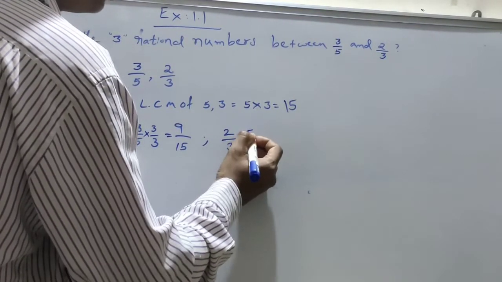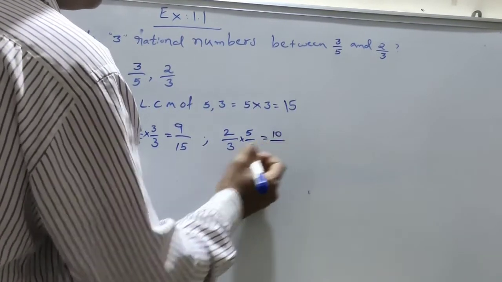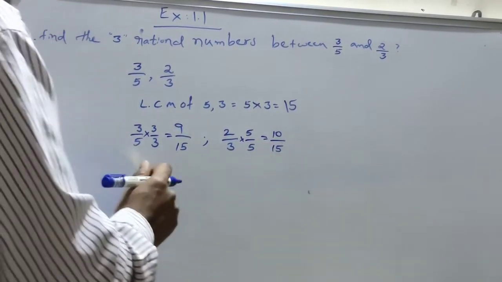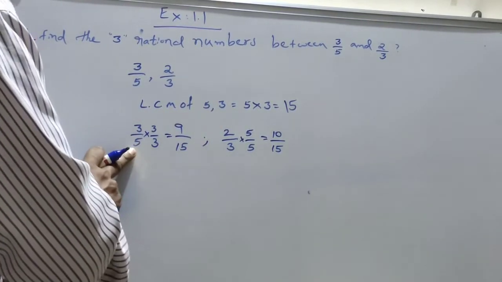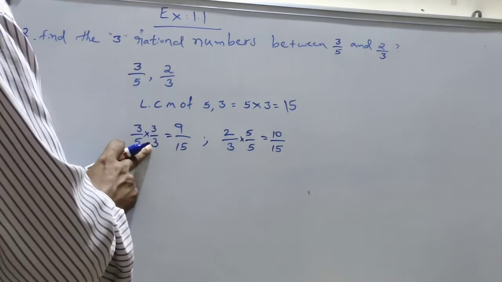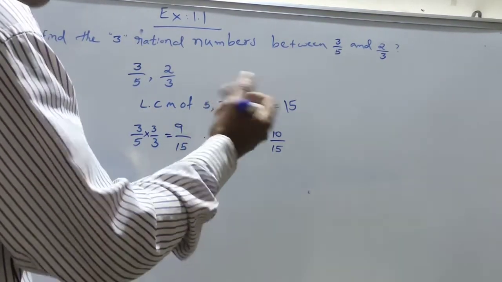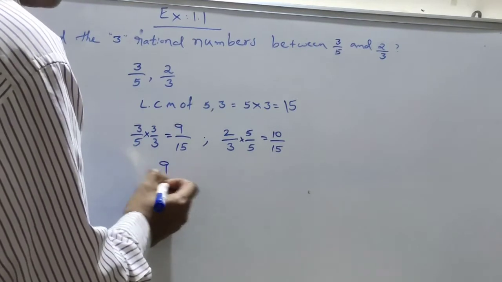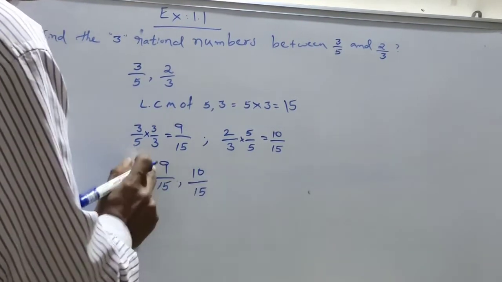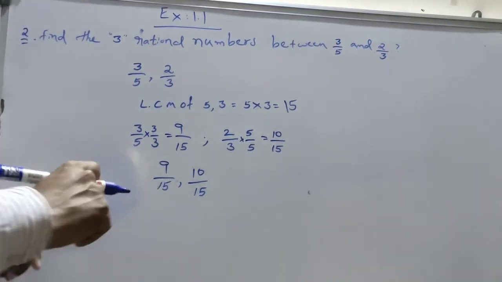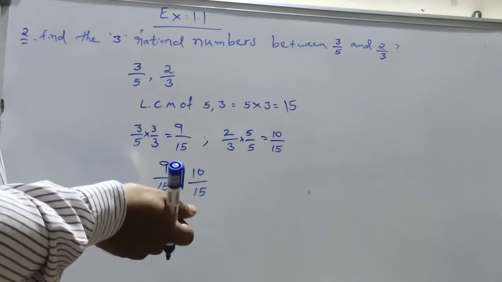So multiply by 5: 2 times 5 is 10, 3 times 5 is 15. Just concentrate on the denominator. Here we have 5, so we multiply with 3, and here we have 3, so we multiply with 5. In that way we got 9 by 15 and 10 by 15, which are consecutive fractions.